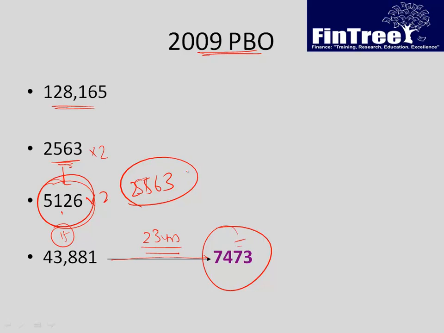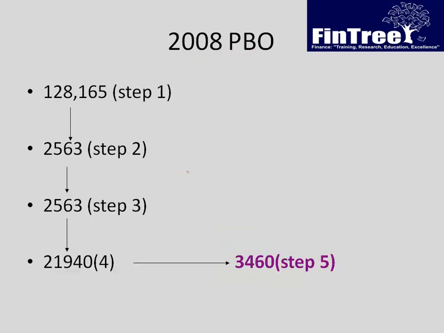15 as the N, 8 as the I/Y, compute present value. Store this in the first memory slot. Second, clear TVM. RCL1 is your future value, 23 is your N, 8 is your I/Y, compute present value.